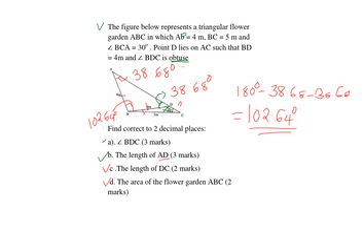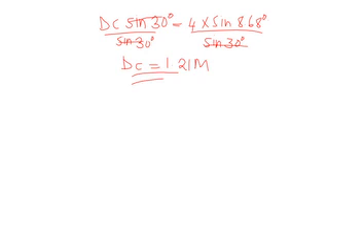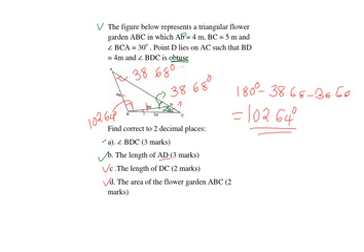Now we go to the last part of the question, which is part D. We are told to find the area of the flower garden ABC. For the area of ABC, we can use the sine formula, which is a half ab sine C, where a and b are 2 sides of the triangle and C is the angle between the 2 sides.